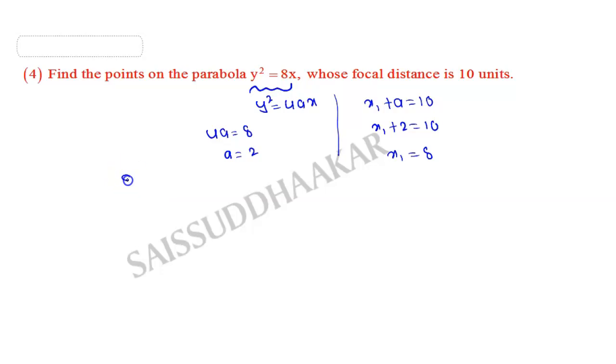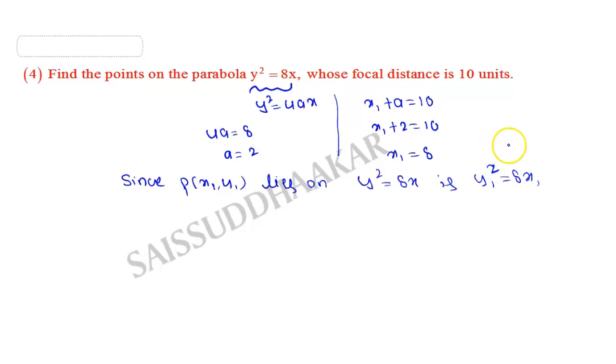So here, since point P x1 comma y1 lies on y square is equal to 8x, the condition is y1 square is equal to 8x1. x1 value is how much? 8. Replace here: y1 square is equal to 8 into 8, that is equal to 64.